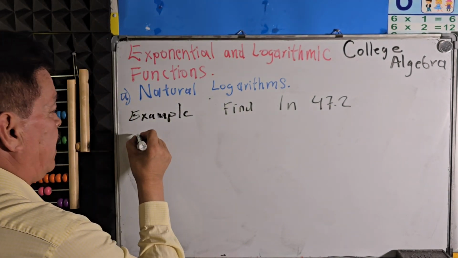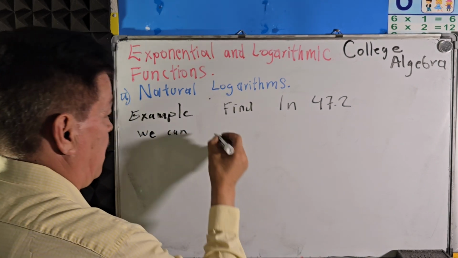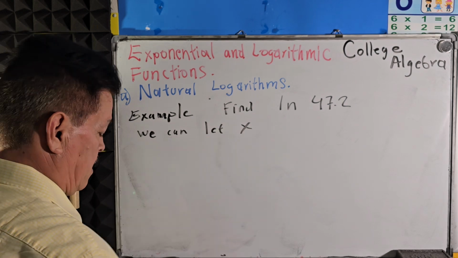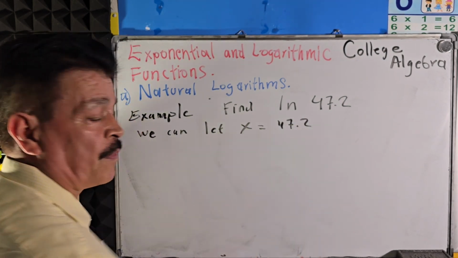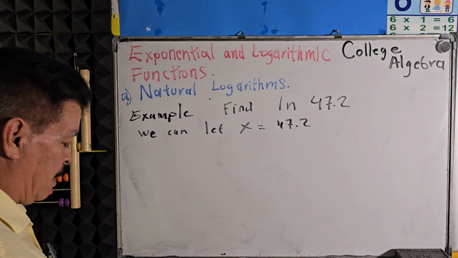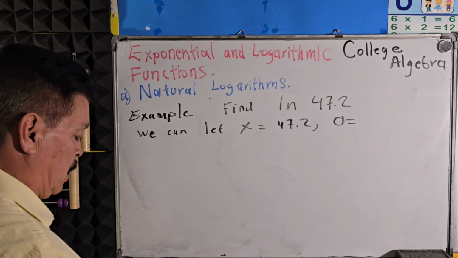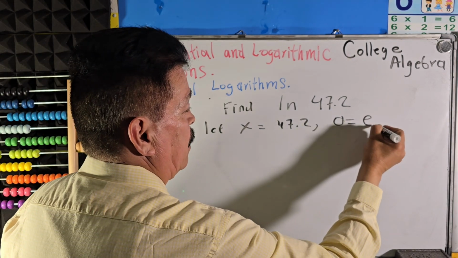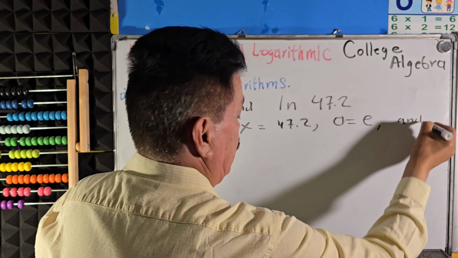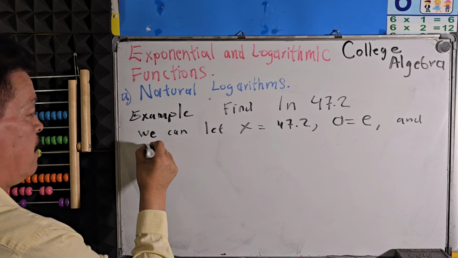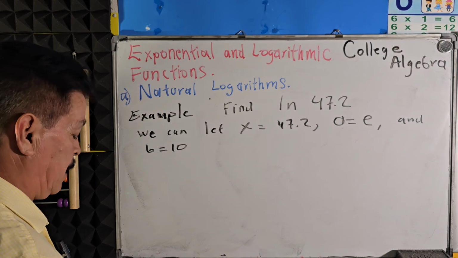So here we let x equal 47.2, just give it the values. Now a in this problem equals e, and b equals 10, the base 10.